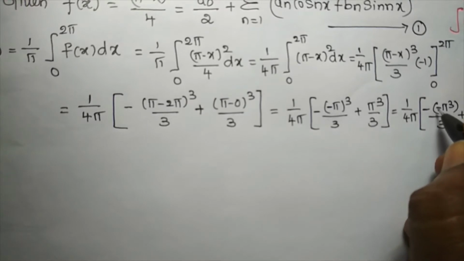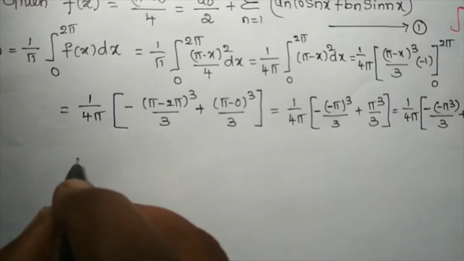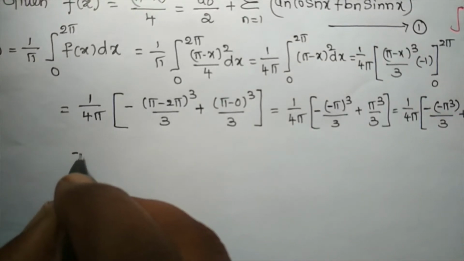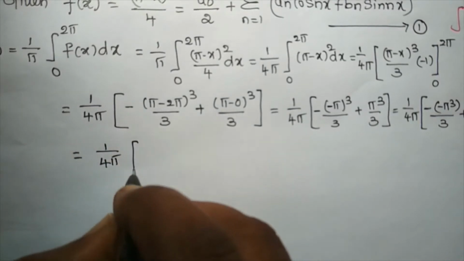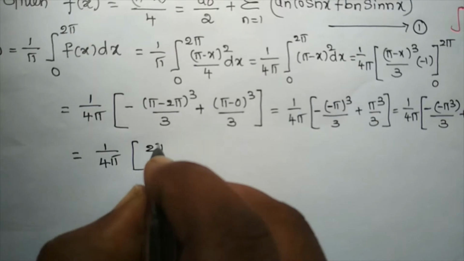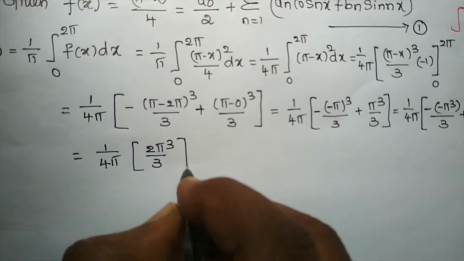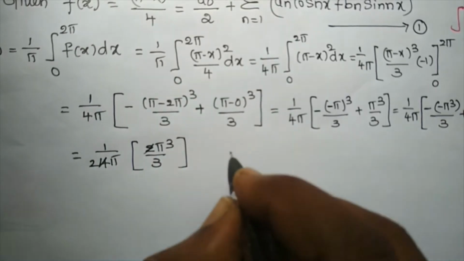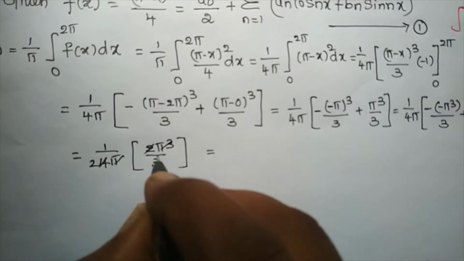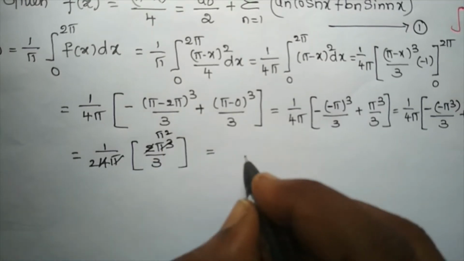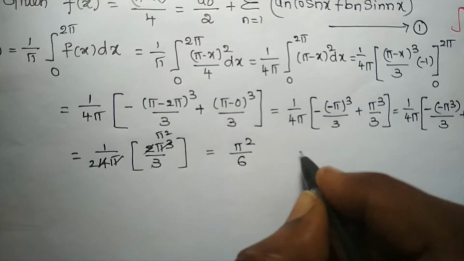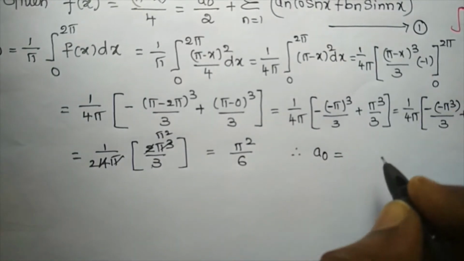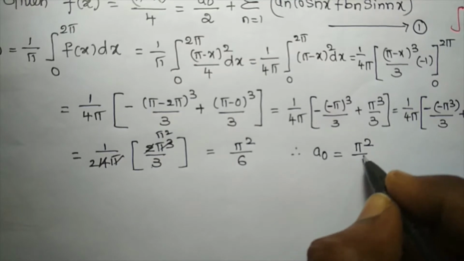Minus into minus is plus, both are the same terms, so the simplified one is 1 by 4 pi into 2 pi cube by 3. The 2 cancels with 4 leaving 2, and pi gets cancelled, remaining pi square by 2 into 3, which is 6. Therefore a naught is equal to pi square by 6.